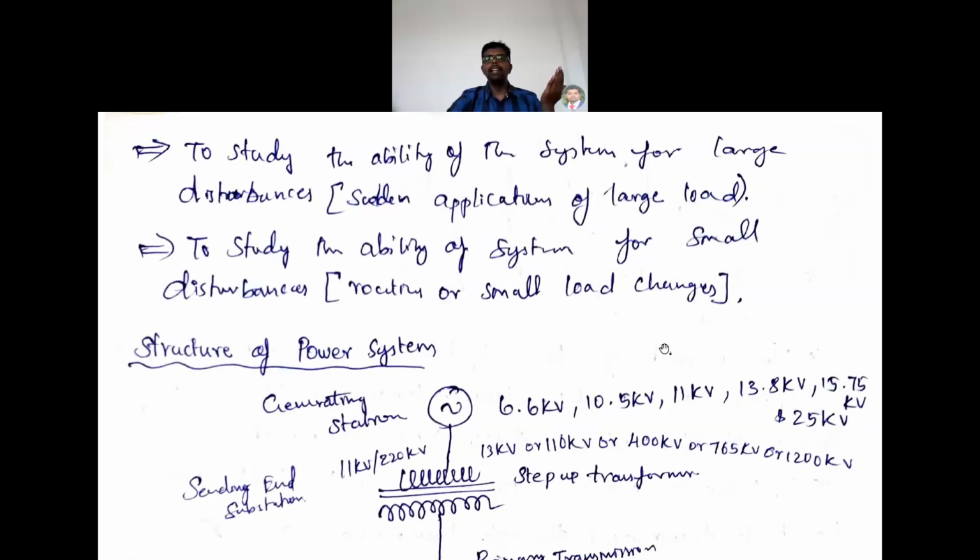Next, to study the ability of the power system under large disturbances, such as sudden application of large load. As I said, if summer is approaching, suddenly the load will become more. Say for example, everyone uses their ACs in their houses. Everyone uses their ceiling fan, which will run 24/7, maybe with 1 hour of rest.